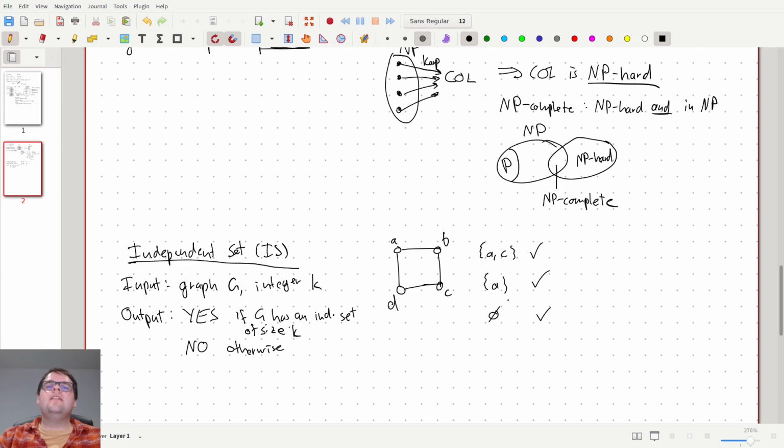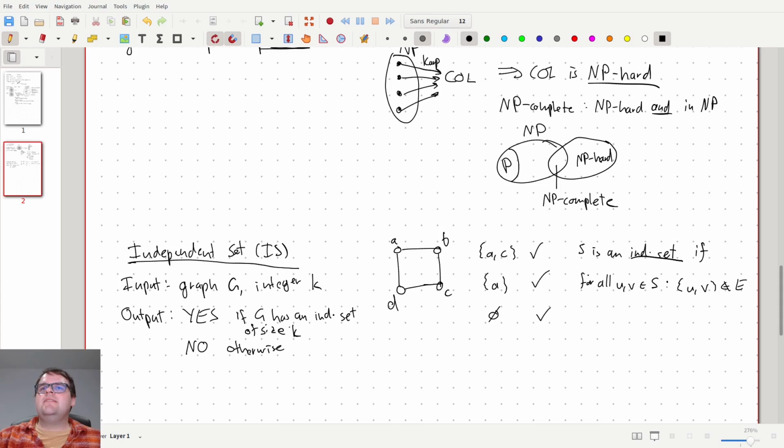So if we look at the actual statement, we say S is an independent set, as a definition, if for all nodes u, v in S, we have that uv is not an edge, right? So there's no edge between any pair of nodes in the set.